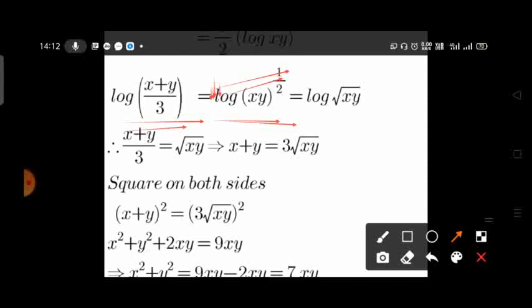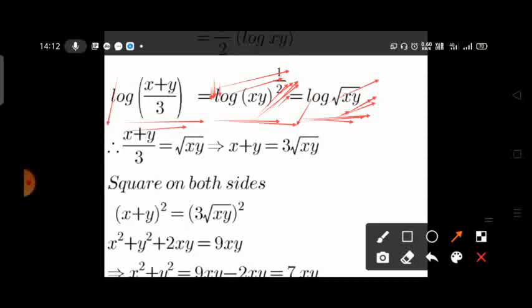So log xy whole power half, we can write like this: xy whole power 1 by 2 means root of xy. See here, on both sides the logs are cancelled.